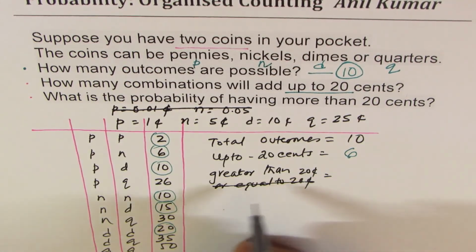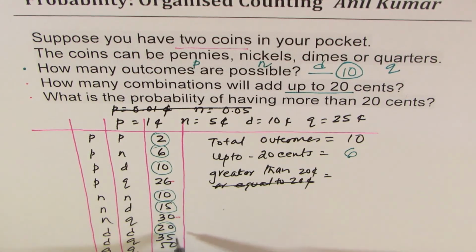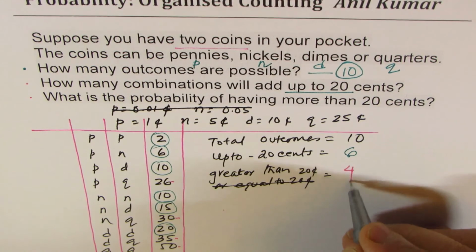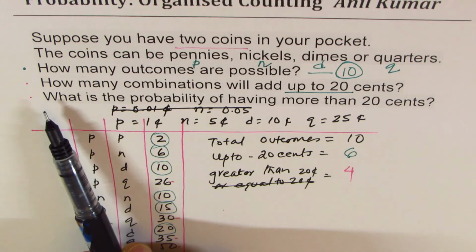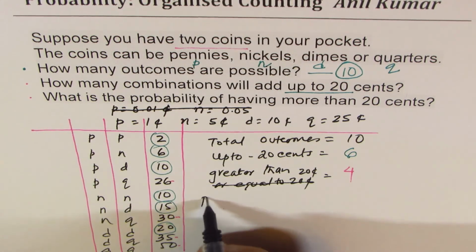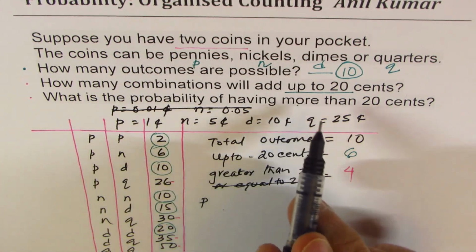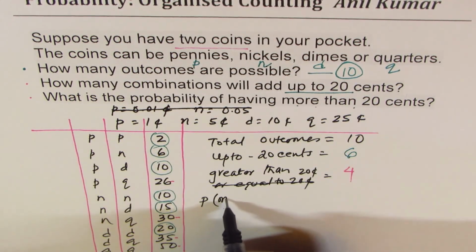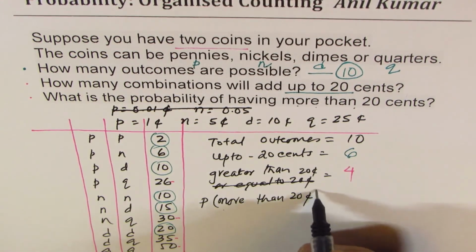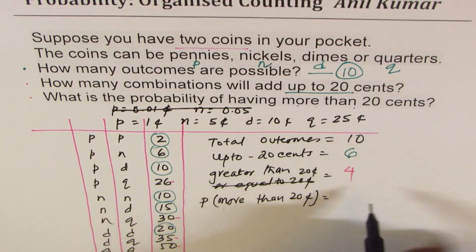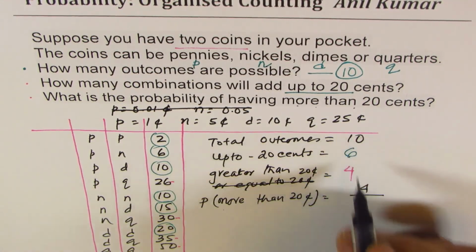Greater than 20 cents are 1, 2, 3, 4. Well, that adds to a total of 10. That's correct. Now the last question here is, what is the probability of having more than 20 cents? So greater than 20 is 4 out of a total of 10.